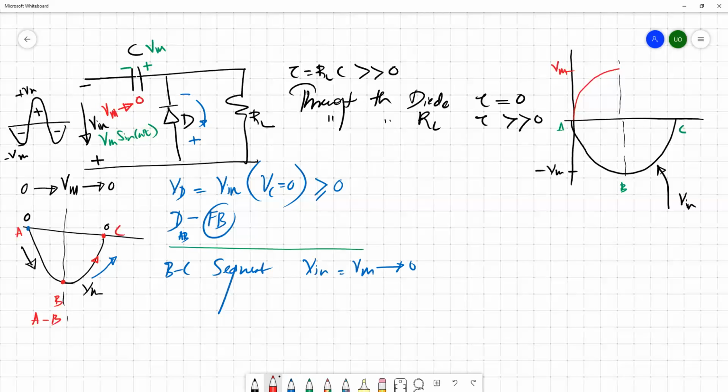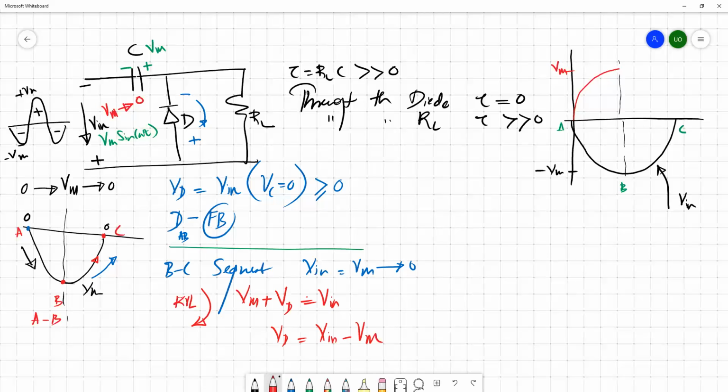So if you apply Kirchhoff's voltage law, we can simply say that Vm, which is the voltage across the capacitor, plus the diode voltage, equals Vin. Now Vd equals Vin minus Vm.